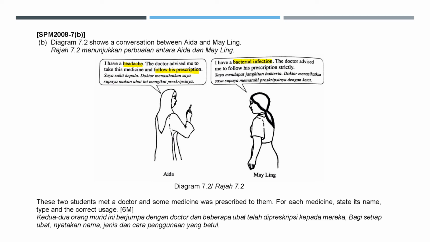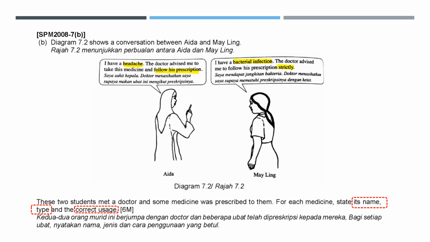Doctor advised me to follow his prescription strictly. Okay, so question here. These 2 students met a doctor and some medicine was prescribed to them. For each medicine, state its name, type, and correct usage.